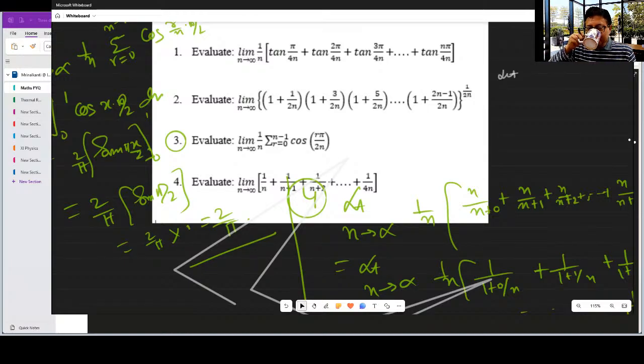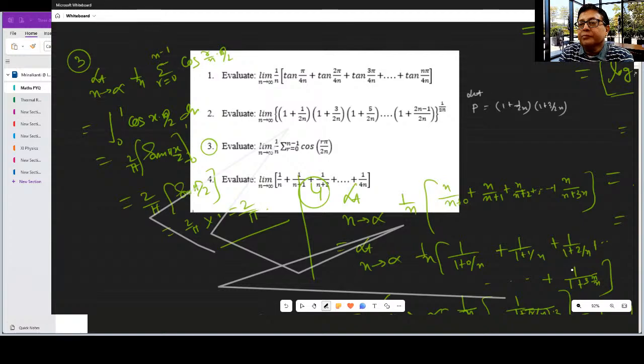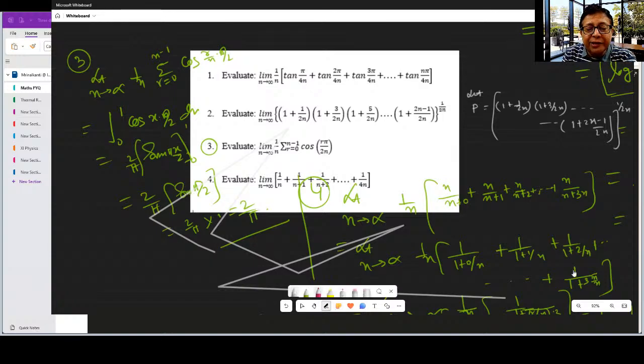Let P equal to this product, 1 plus 1 by 2n, 1 plus 2n minus 1 by 2n, whole thing to the power 1 by 2n. Take log of two sides. Then what do you get?